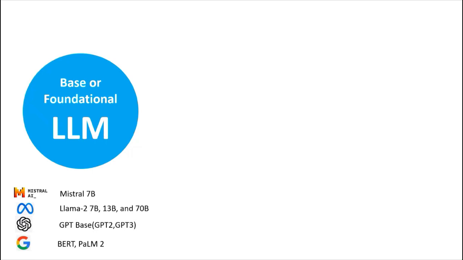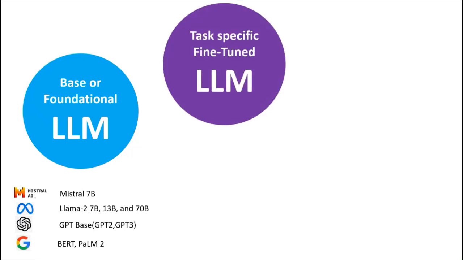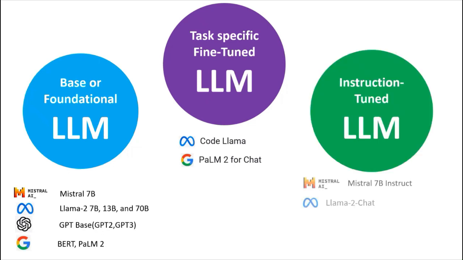Similarly, for task-specific fine-tuned LLMs, we have again from Meta and Google. And for instruction-tuned LLMs, we have some open source options available here again from Mistral and Meta. And then, of course, from the paid services available from OpenAI and Google.